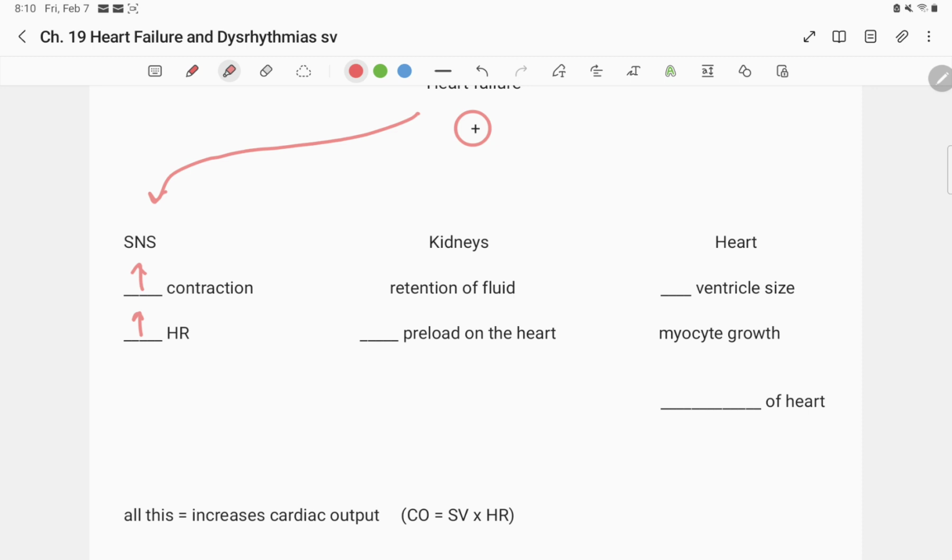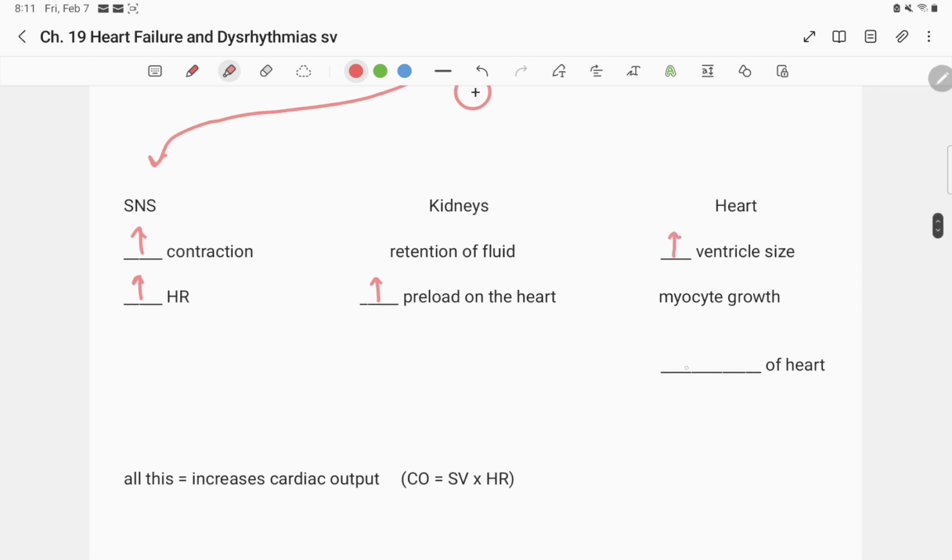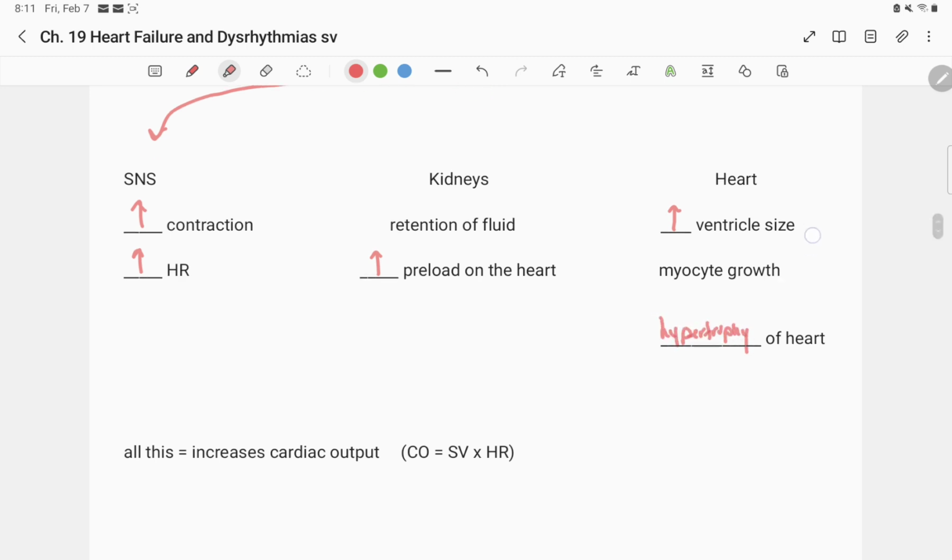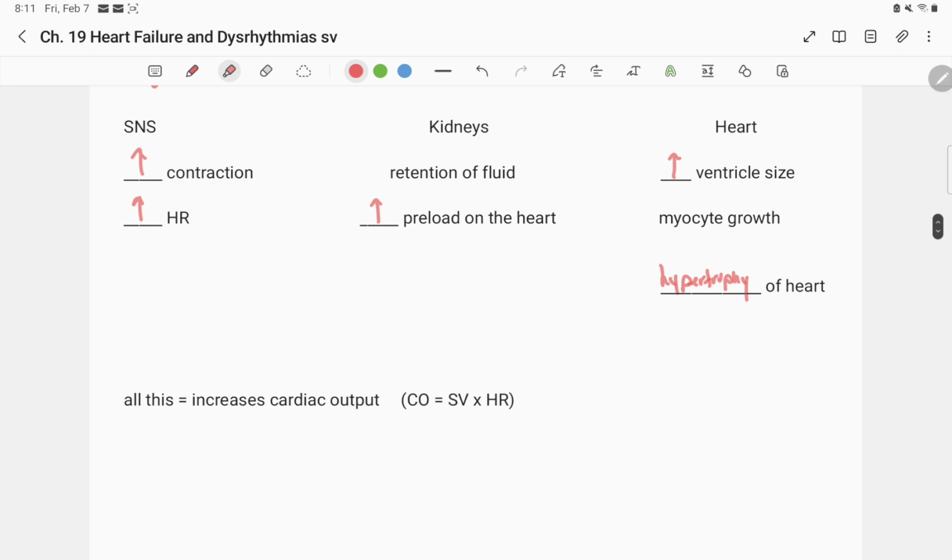Then there's the retention of fluid. So increased preload on the heart. And then the heart itself can have increase in ventricle size, myocyte growth, and hypertrophy of the heart. All this increases cardiac output.